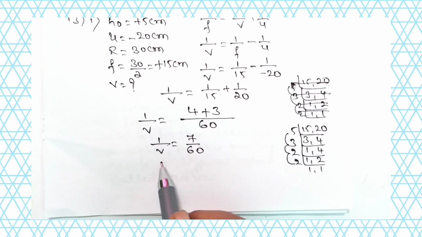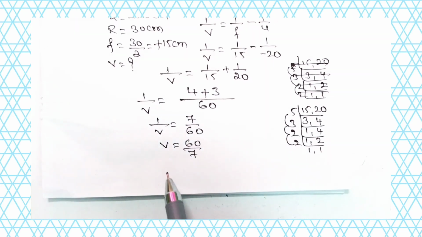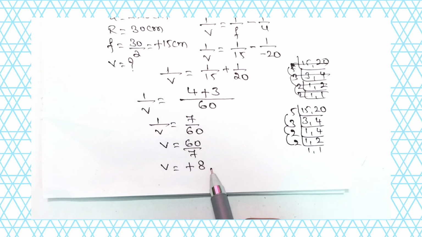Reciprocal of 1 over v, v. Reciprocal of 7 by 60, 60 by 7. So v is equal to plus, you divide 7 8s are 56, 4 remainder 40 point, then 7 5s are 35.